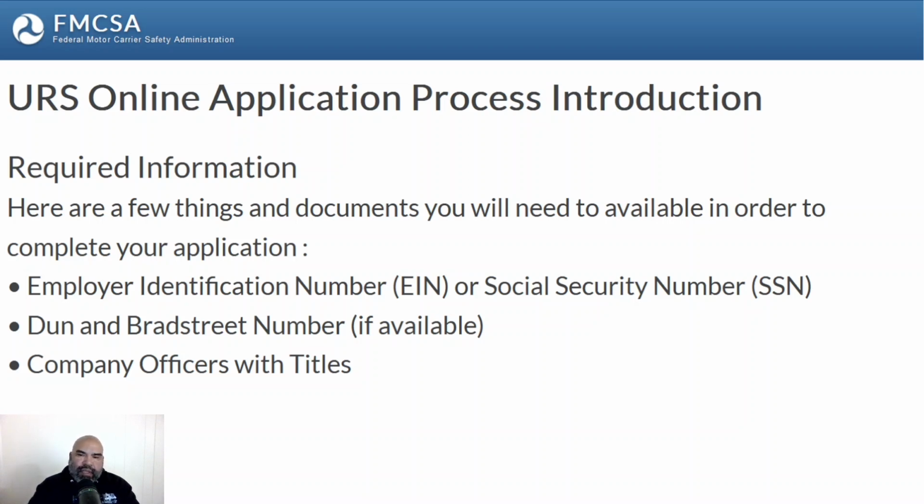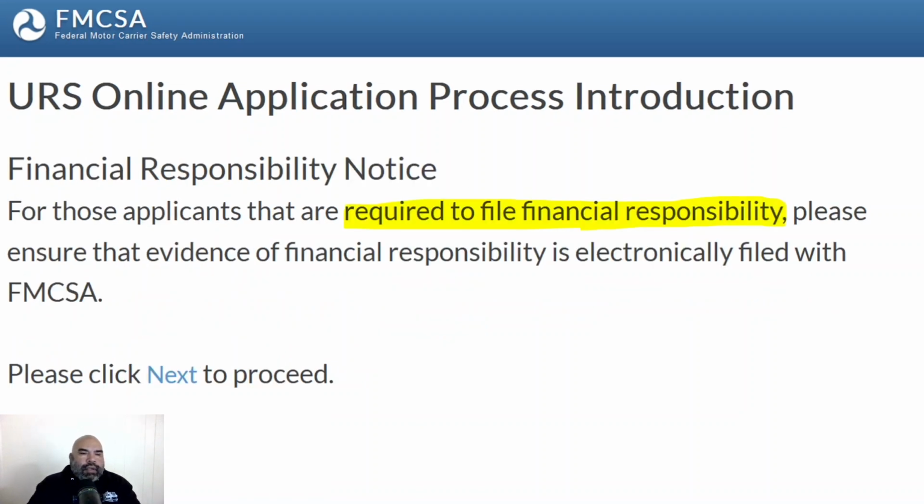So that's just some FYI whenever you're applying for your business credit. And the only other thing you'll need is your company officer listing with titles. And if it's just you, then all you'll put down is yourself, and put yourself as the owner or CEO or president.